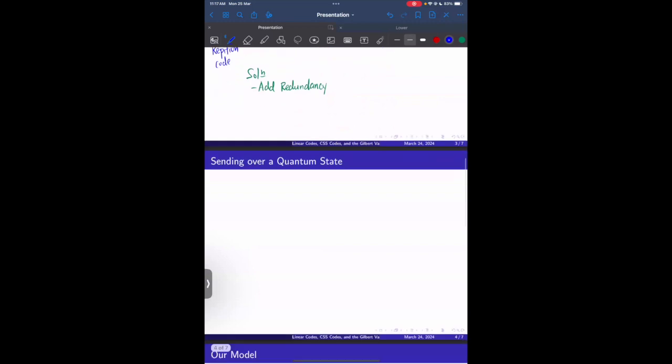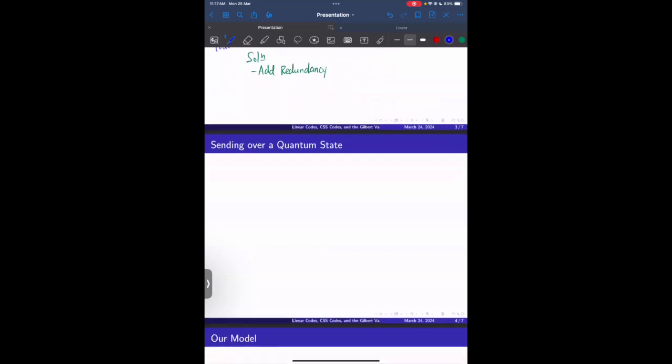So how does this translate over to sending over a quantum state? Right, which is the problem that we are trying to deal with in this lecture, right? So in this lecture, what's the deal? The deal is that we have this state psi that Alice has, and she wants to send it over to Bob, and hopefully Bob will receive the same state, right?